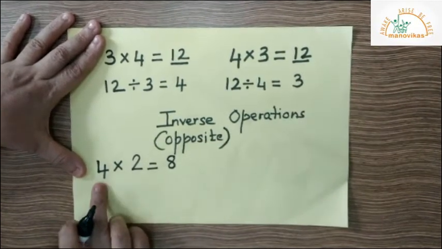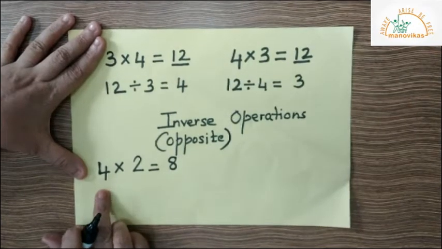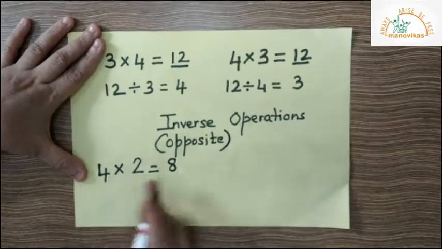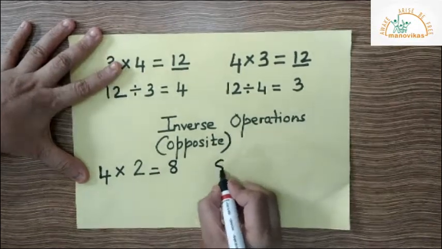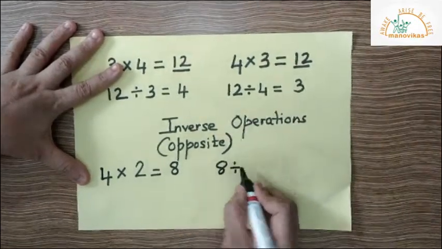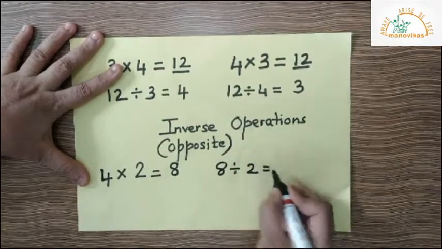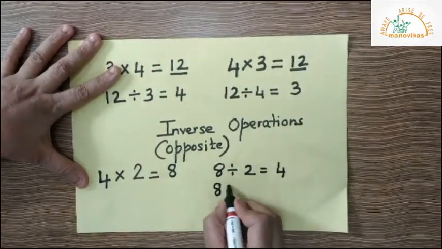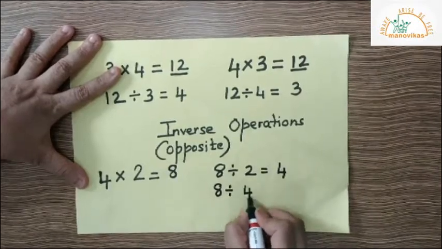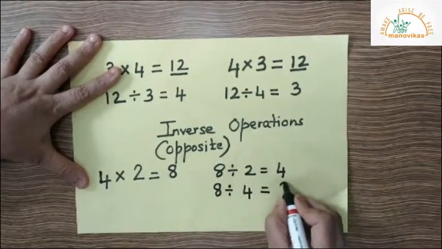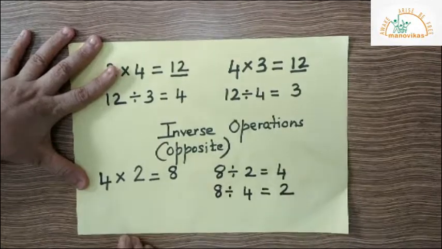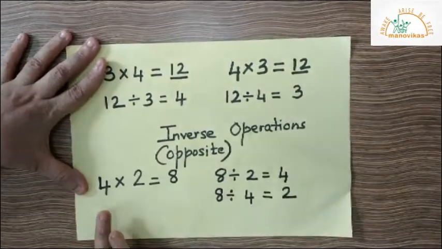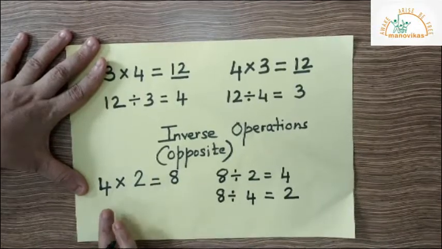For this multiplication fact, you can write 2 division facts. I will show you how. You can either write 8 divided by 2 will give you 4, or 8 divided by 4 will give you 2. So this is the way we write the division facts for any given multiplication fact.